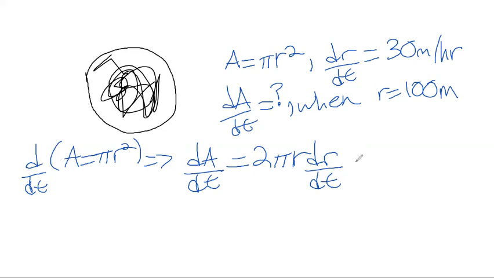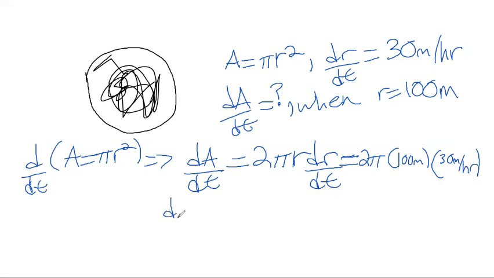This one's very straightforward because all we have to do is just plug in the values. So it's 2 pi, radius is 100 meters. Change in radius over time dr dt is 30 meters an hour. And I'm writing the units in because chances are, if you get the units right, then the whole problem's right.